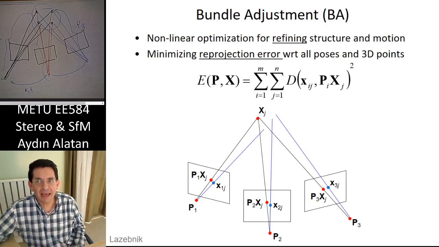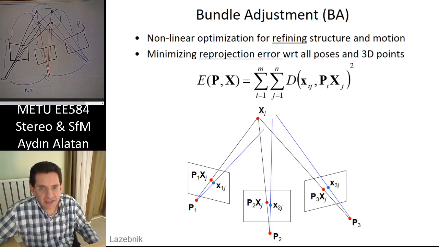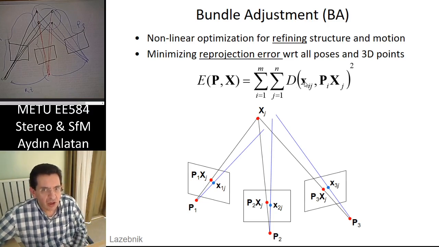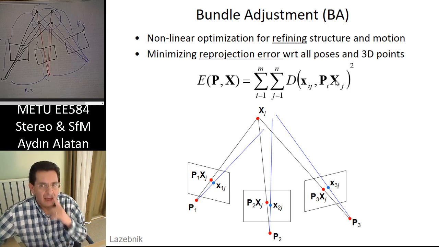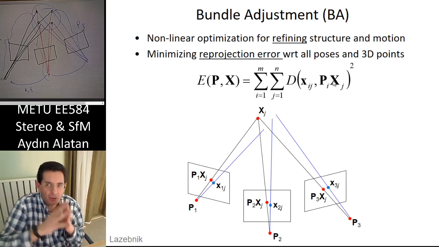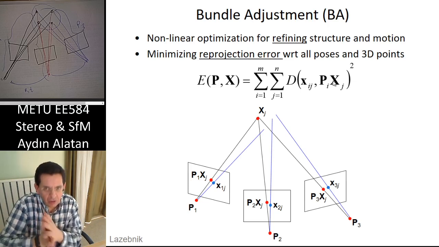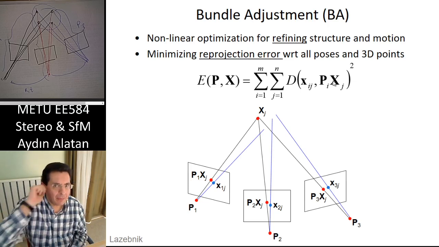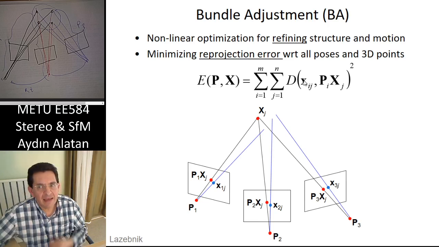From the single cost function, the correspondences will be matched with the unknown 3D points projected with the unknown projection matrices. These P and Xj are unknown, but as soon as you multiply them, you obtain these things as your points.